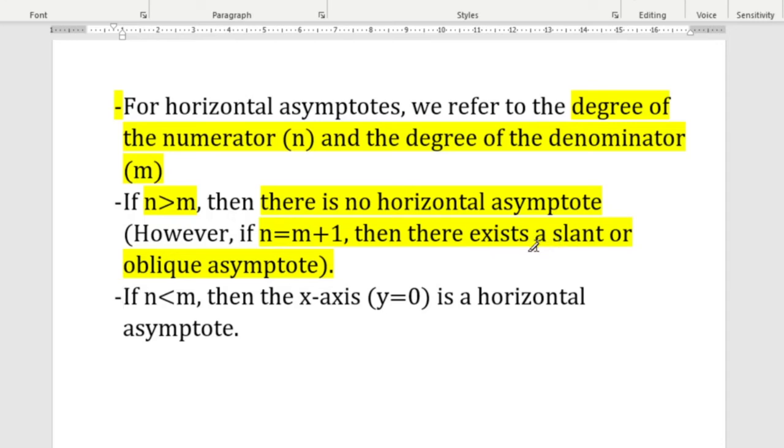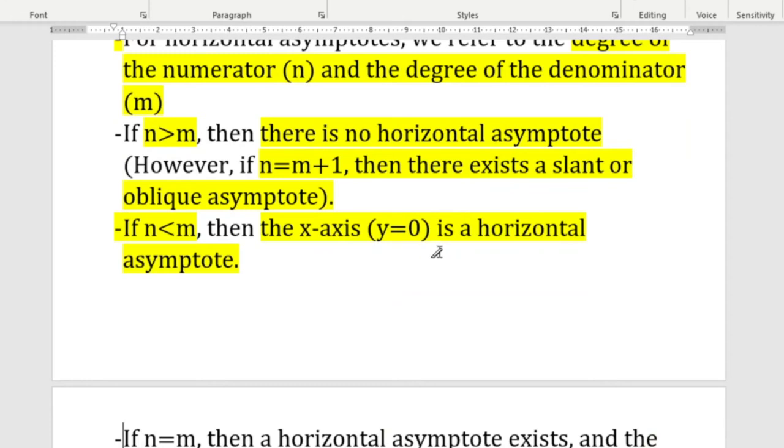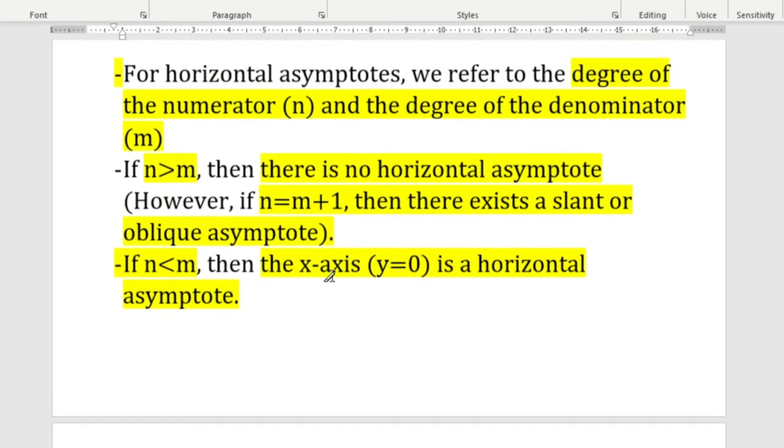When does an oblique asymptote occur? When the degree of the numerator is exactly 1 more than the degree of the denominator. Next, if the degree of the numerator is less than the degree of the denominator, then the x-axis, whose equation is y equals 0, is a horizontal asymptote.